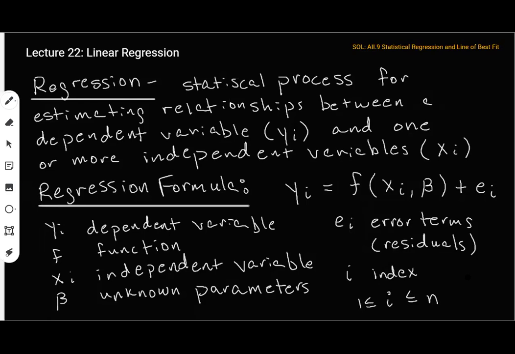And the same thing with the y. That has a subscript of i as well. So you can have y1, y2, y3, all the way up to yn. And then the ei is the last term that's going to have an i with it. That also ranges between 1 and n. And the ei is always going to match up with the xi, yi. So that's the regression formula.